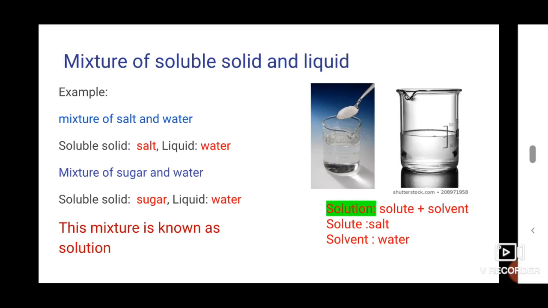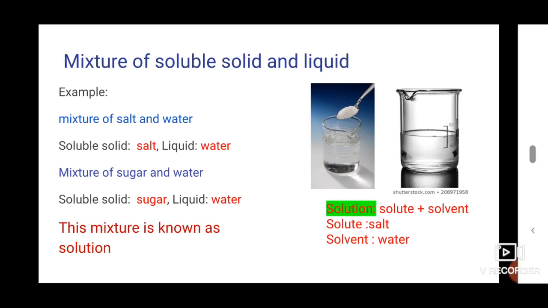In the case of salt and water, which is the solute? A solute is present in a small quantity. Solvent is present in a large quantity. Now you tell me, in a mixture of salt and water, which is present in small quantity? Yes, salt is present in a small quantity. So salt is the solute.